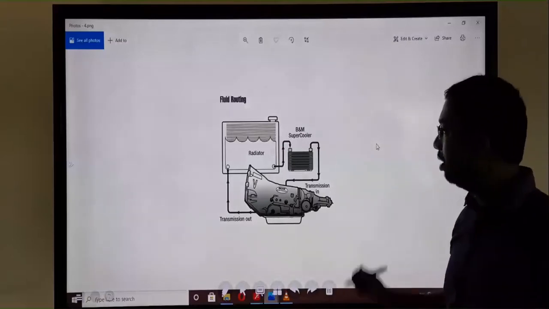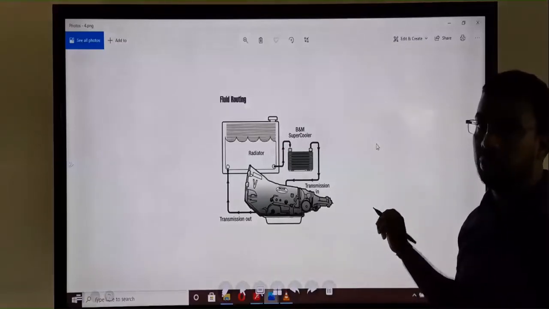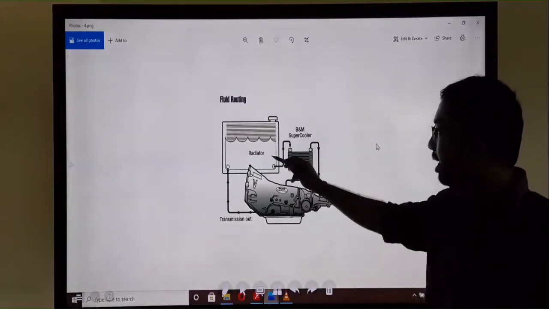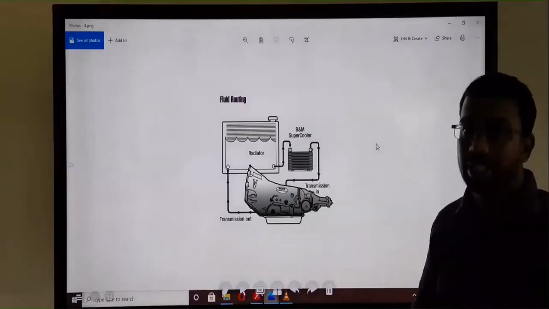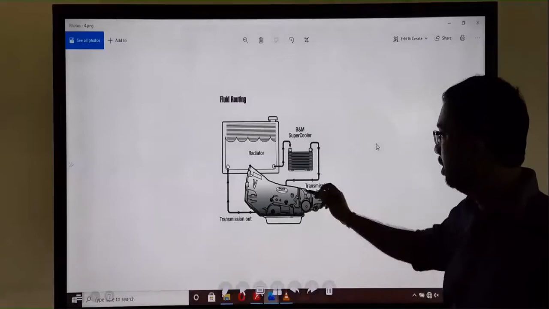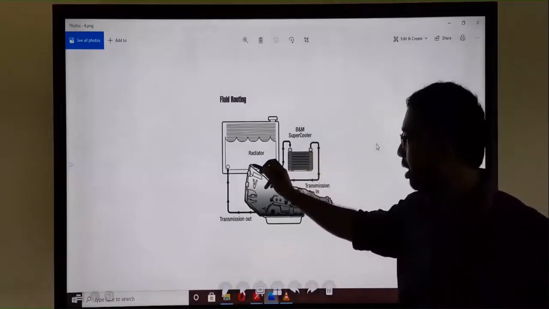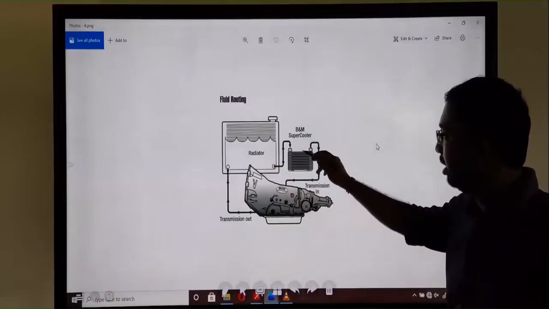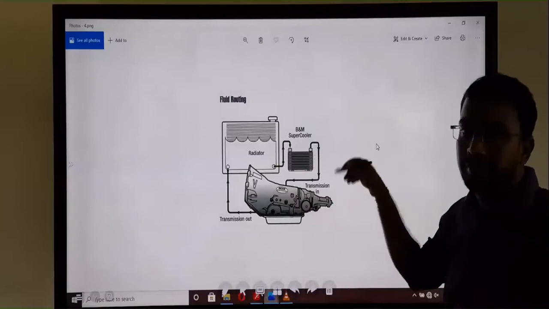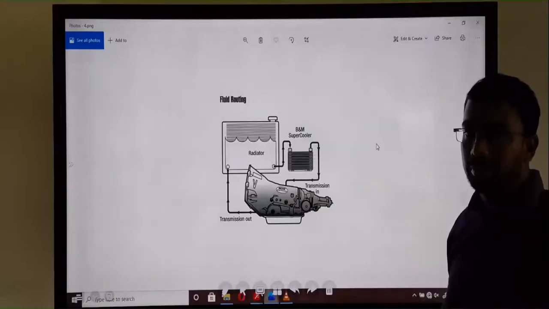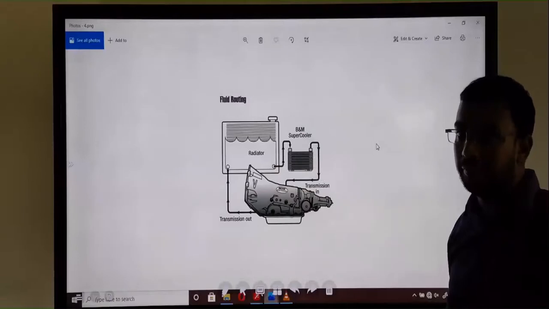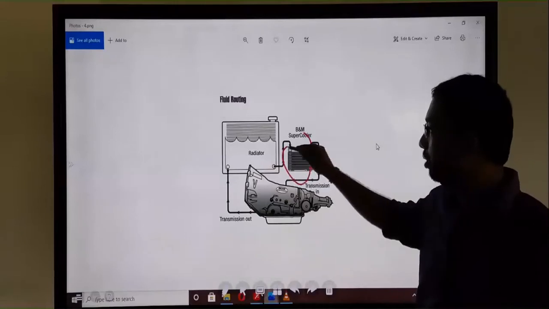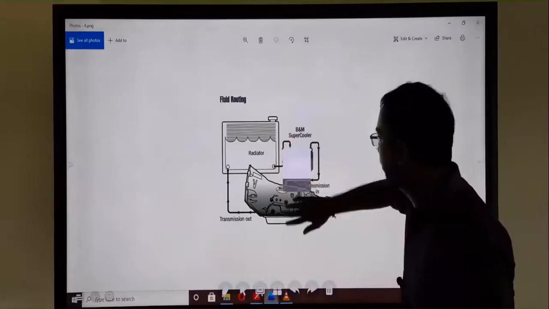The automatic transmission oil needs to be cooled. So this oil cooler is also fixed with the radiator, and this transmission oil is also cooled by this radiator. The reason is that there is a common fan, so the fan takes in air from the atmosphere for both.